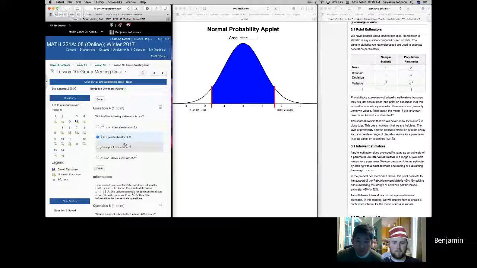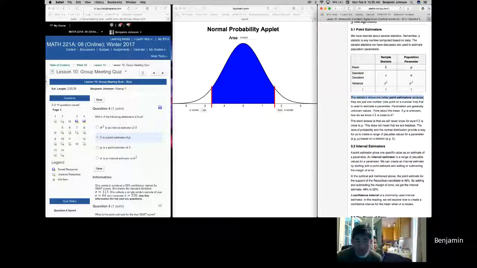Which one? I said B. B is a point estimator. Yeah, it talks about it right here: the statistic above is a point estimator. Right there in the textbook. So B. Yep. We good?